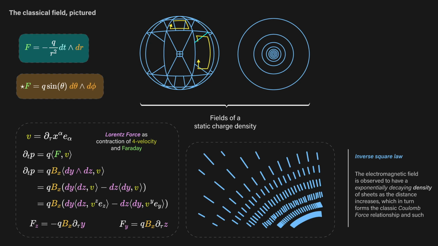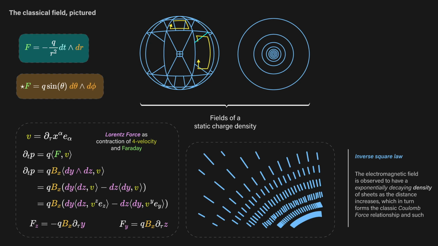And so the electromagnetic field around a central charge can be seen as flux tubes extending indefinitely around the charge, and you can see that the density of the fields decreases exponentially, right?